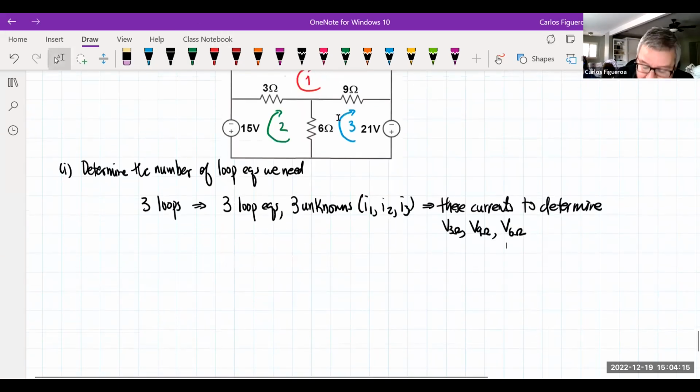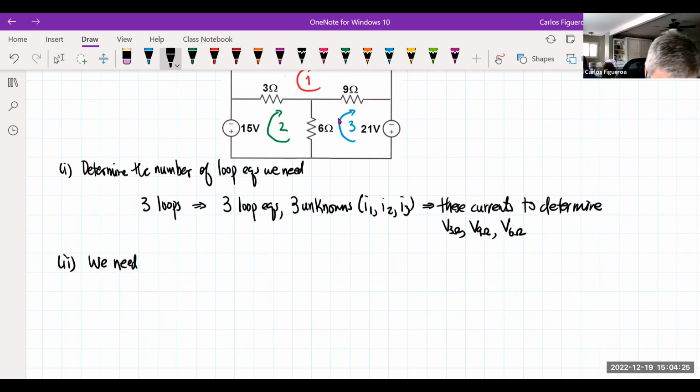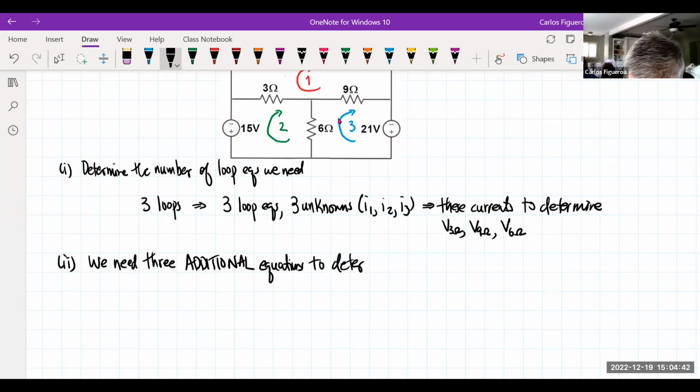So to make the calculations a little bit nicer, we need 3 additional equations to determine V3, V9, V6.